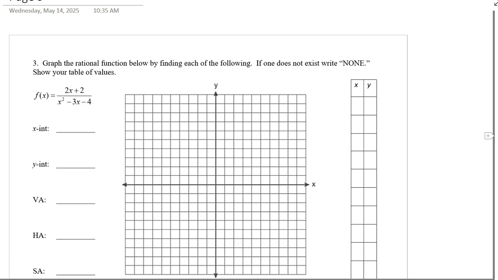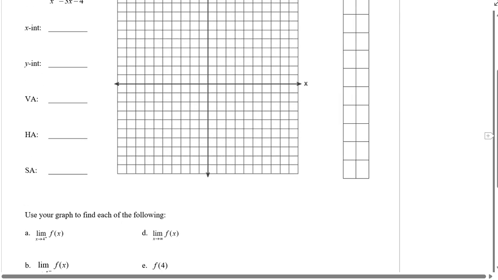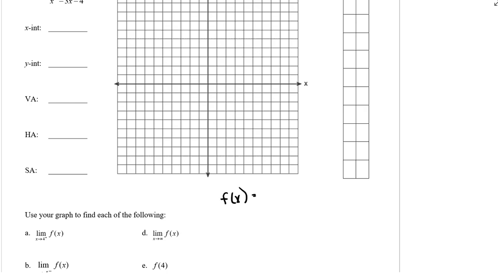And I would look for a point of discontinuity or a hole by canceling out common factors from the numerator and denominator. So I'm going to go ahead and, down here where I've got a little room in the bottom right hand corner, factor out a 2 from each of the terms in the numerator. I'm going to go ahead and factor the denominator.